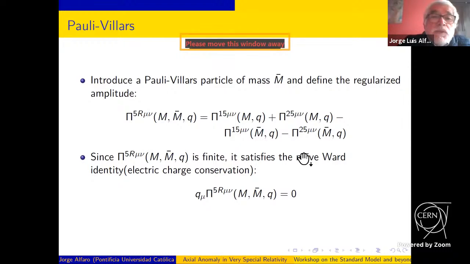For that, we introduce a Pauli-Villars particle of mass m bar and define the regularized amplitude, simply subtracting the contribution of the m bar mass, which is this. So this is finite now, so the naive Ward identity for charge conservation holds.